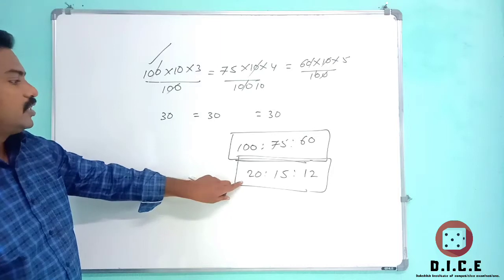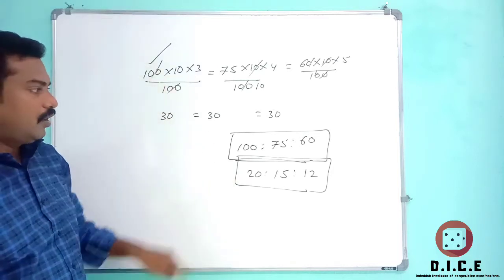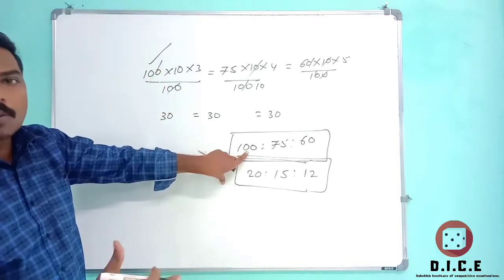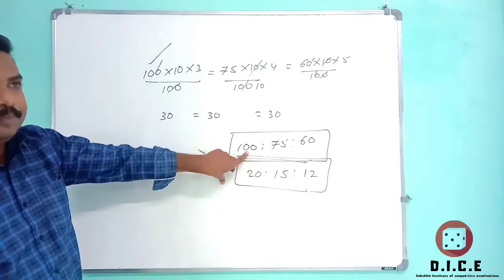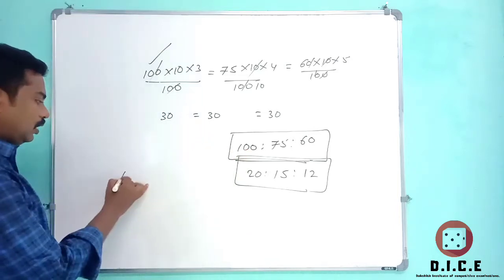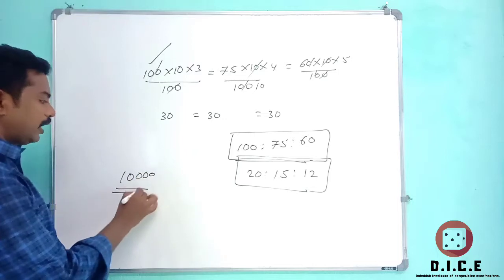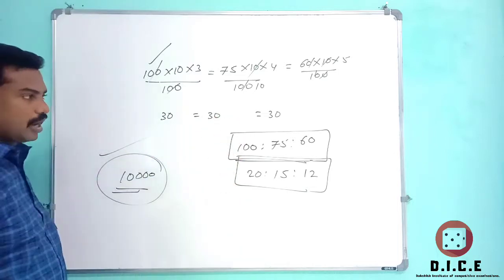So if you simply see here, that is 23,500. In which option can you find simply zeros? So 10,000. In all the zero cases, 10,000 should be your answer.